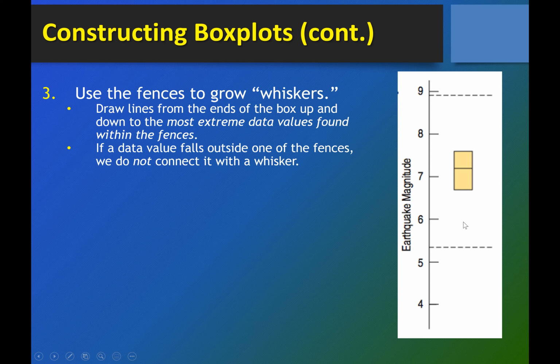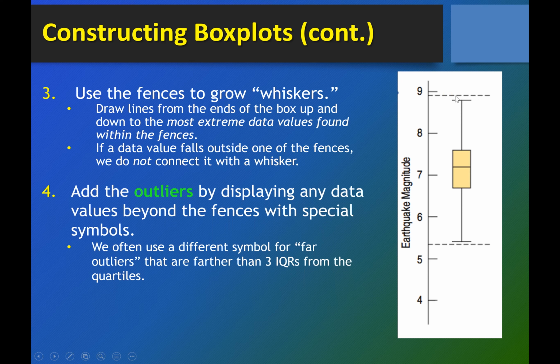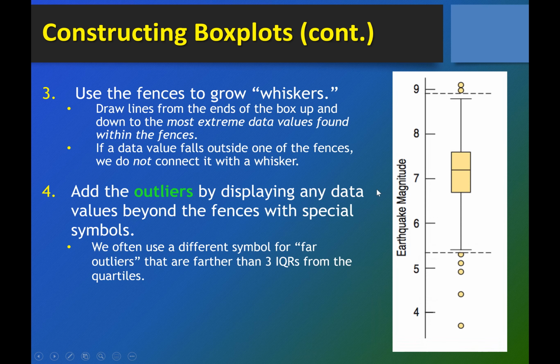You go to the last data point within the fence. If a data point is outside the fences, you're just going to be drawing dots. You're not going to be drawing the whiskers. So you can see here, my data did not fully hit the 9, so I don't actually go to the fences. So we have, with this graph here, a typical outlier display.